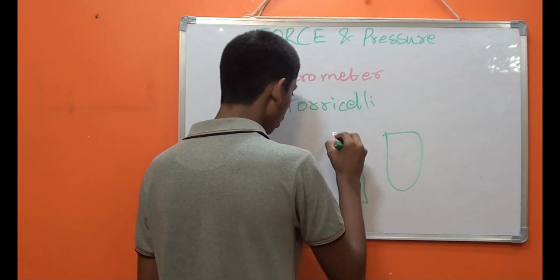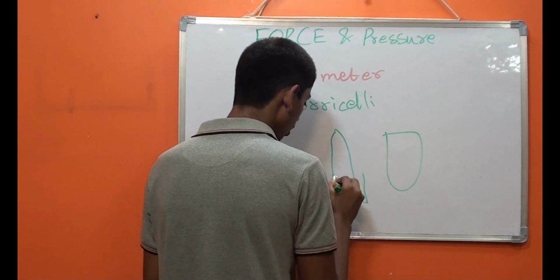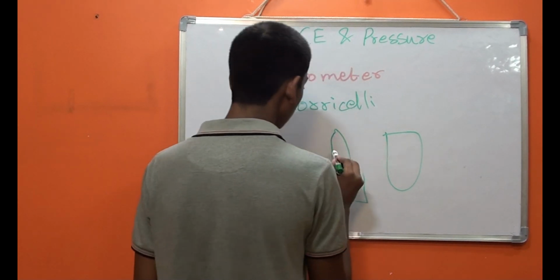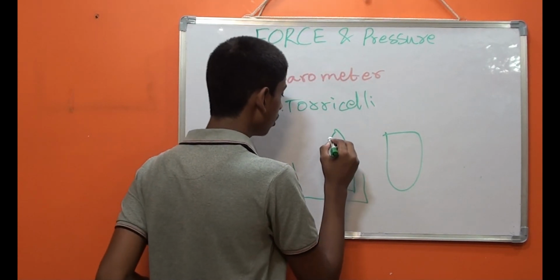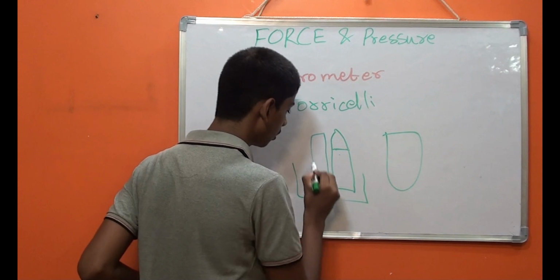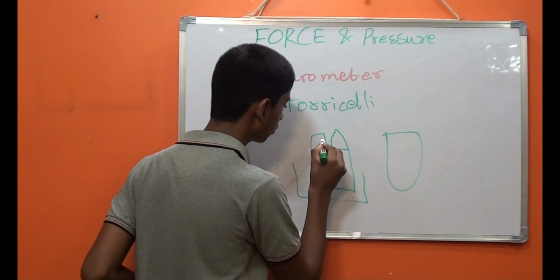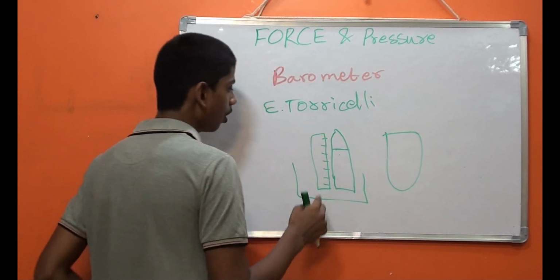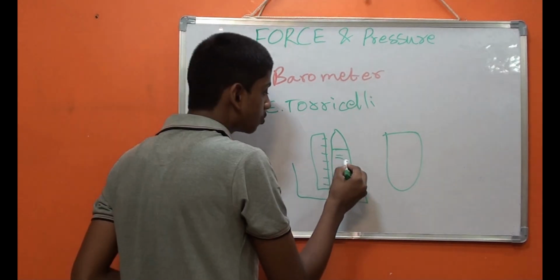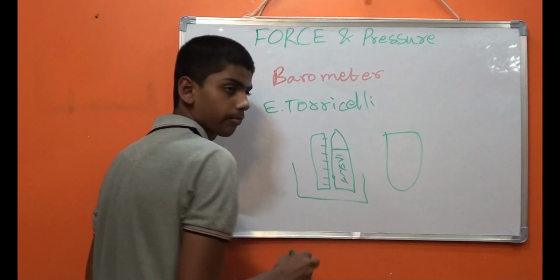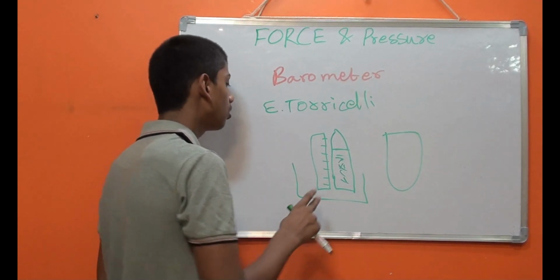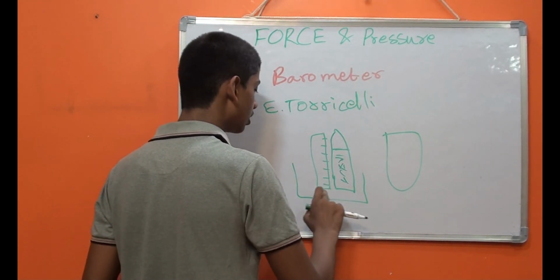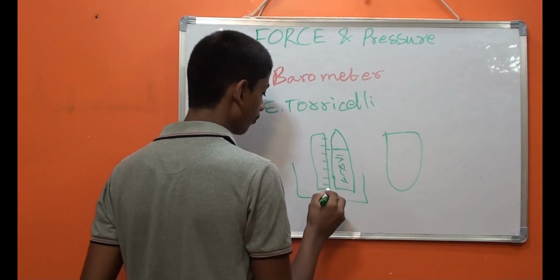He kept it like this. The mercury stopped at this level. Now he took a scale and kept it beside it. He measured this part is filled with mercury and this part is empty. Now we have to measure the distance from here to here.